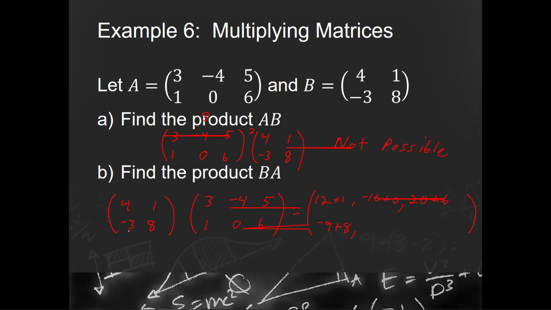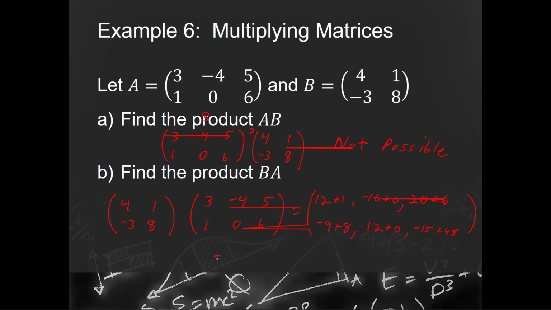And then for the next one, we're going to have negative 3 times negative 4, which is 12, plus 8 times 0. And then finally, for the last one, we're going to have negative 3 times 5, which is negative 15, plus 8 times 6, which is 48.